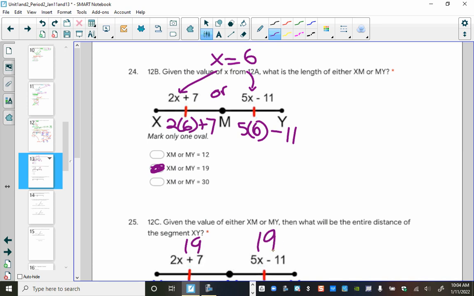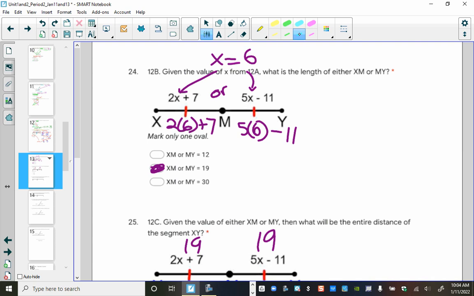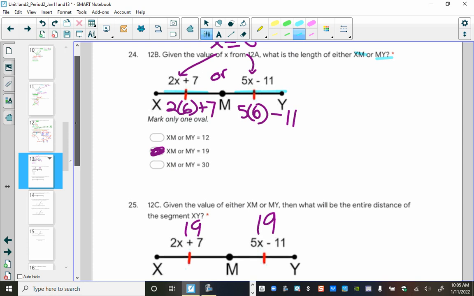Now, they just wanted either XM or MY, one or the other. However, the following question, what do I want? Do I want just either part or do I want the entire thing? XY, is that just one part or is that the entire thing? You gotta tell me.